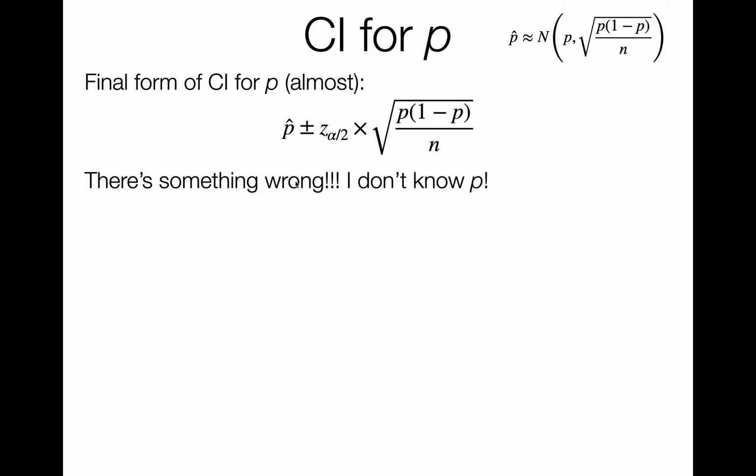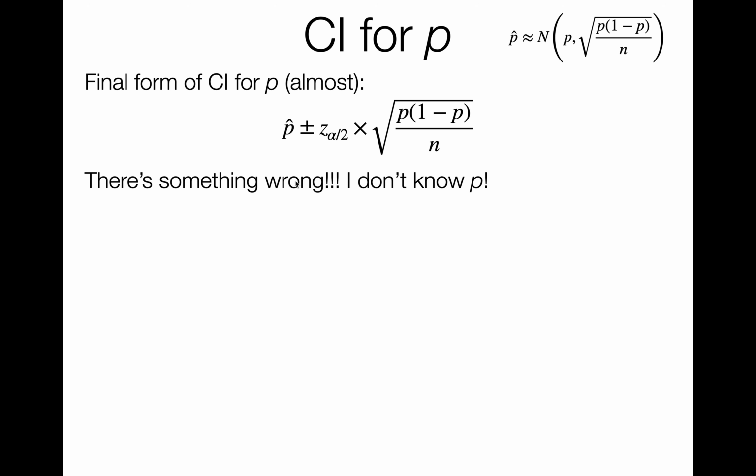But unfortunately, there's one thing that I haven't accounted for yet, and that is the fact that I don't know P. P is the population proportion. And if you remember, the whole reason that we're calculating a confidence interval is that we don't know P. We want to try to estimate P. If we already knew P, we wouldn't be going to the trouble of making this confidence interval.